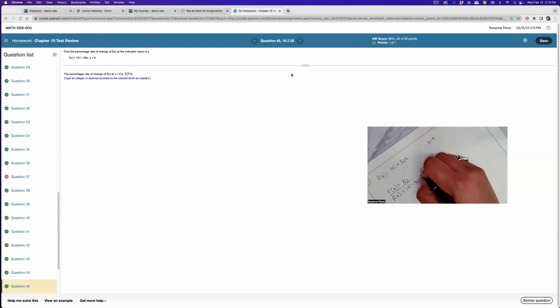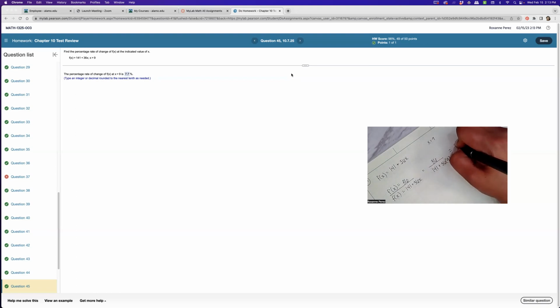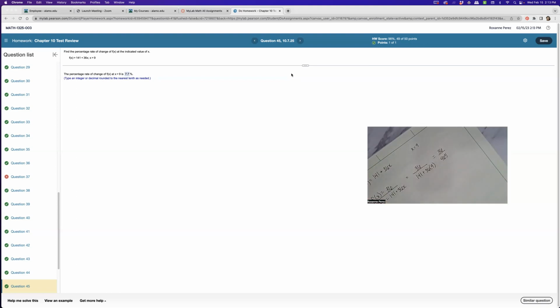Now we evaluate this at x equals 9. So 36 divided by 141 plus 36 times 9, which gives us 36 divided by 465. Let me grab my calculator.